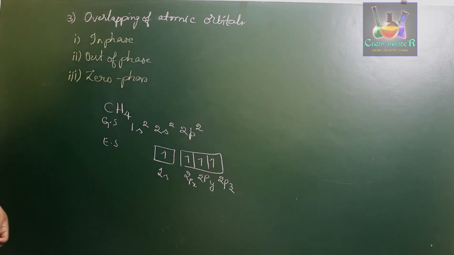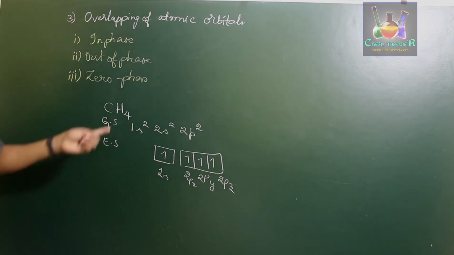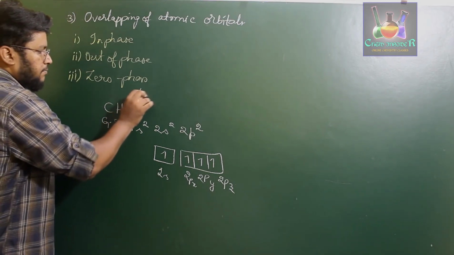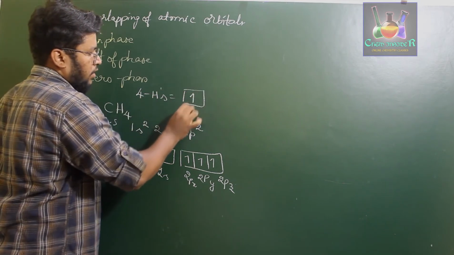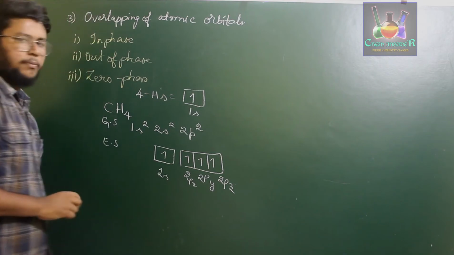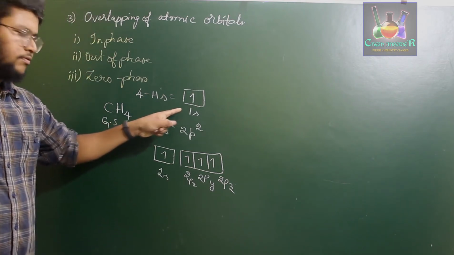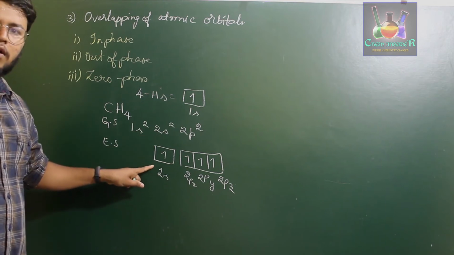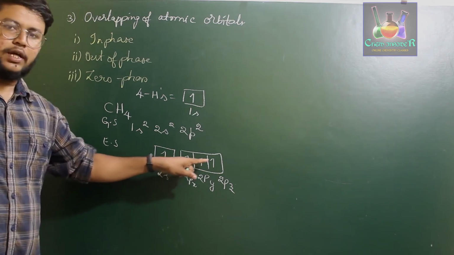Since we have 4 hydrogens, each hydrogen will have 1 electron in its 1s orbital. The half-filled 1s orbital of each hydrogen will overlap with the half-filled 2s, 2px, 2py and 2pz orbitals of the carbon atom.